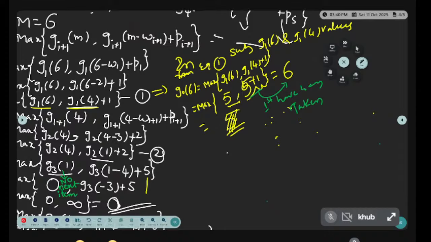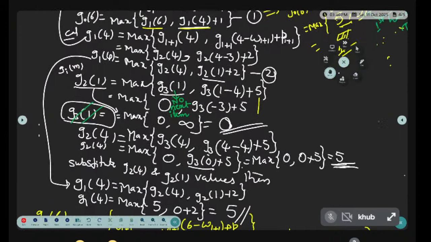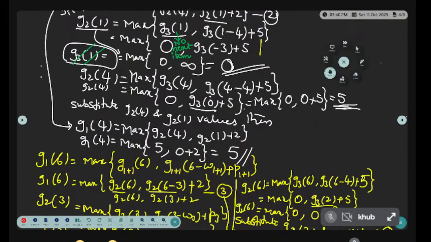Once you go with the G1 of 4, go back. See, G1 of 4 is here. G1 of 4 value is 5. 5 ante di 5 comma 2 lo 5 is the maximum. First parameter.